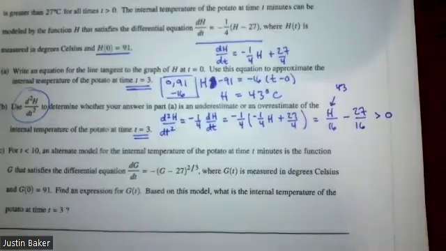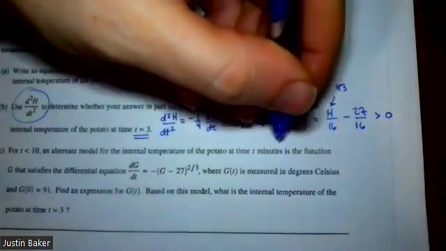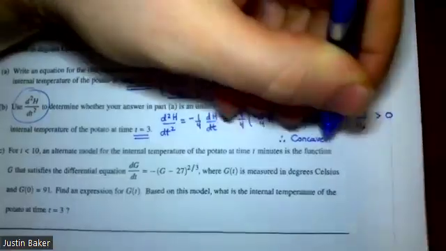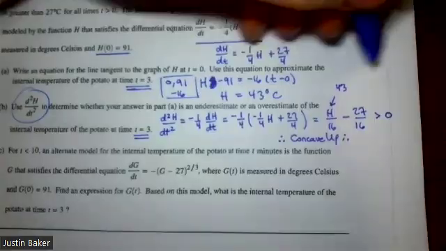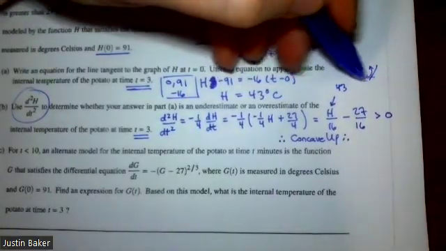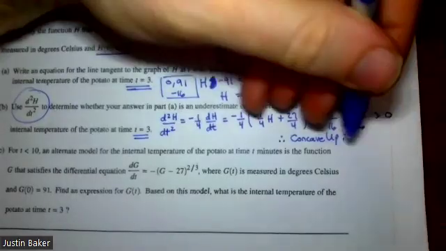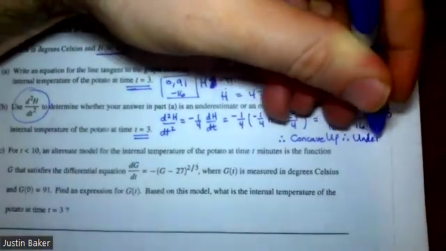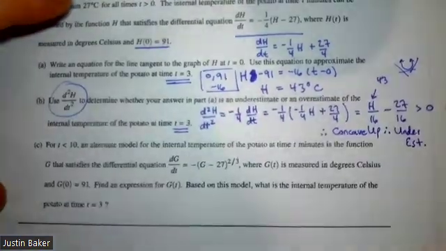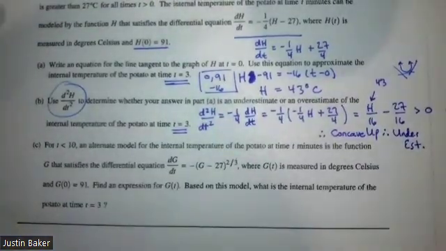Since the second derivative is greater than 0, we would say therefore concave up. If something is concave up, all of the tangent lines would lie below it. So therefore, underestimate. And that would take care of part B.